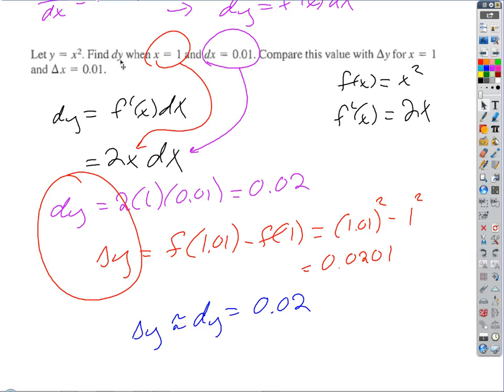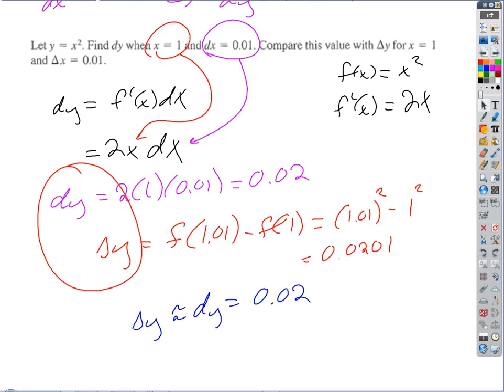All we have to do then is use this formula. So if f of x is x squared, what's f prime of x? Well, 2x. Then to find the estimated change in the value of x squared when we incorporate this error, we just multiply f prime of x, where x is 1, times dx, which we're taking to be plus or minus 0.01. What we end up getting is about 0.02. One thing we omitted that we should put here is a plus or minus, because we don't know if dx is positive.